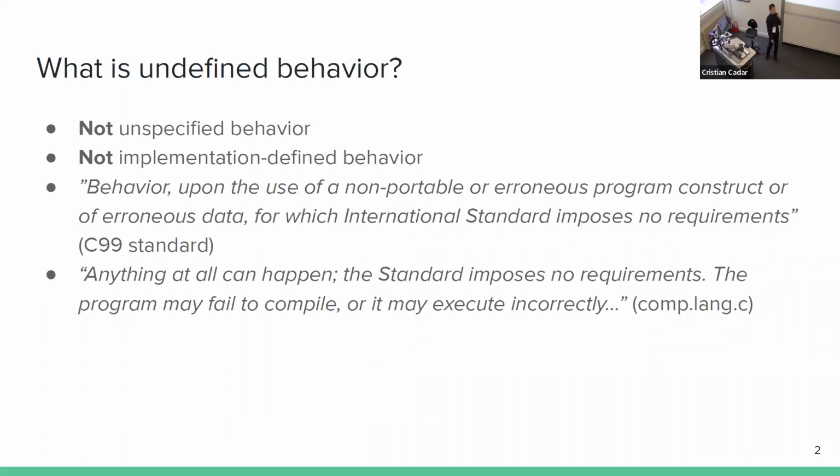Secondly, this is not implementation-defined behavior that differs according to the specification of another component of the platform. And also, the C language standard gives a definition which is quite difficult to understand. Paraphrasing this, the C community gives an alternative definition which literally says that anything at all can happen, the program may fail, and so on.